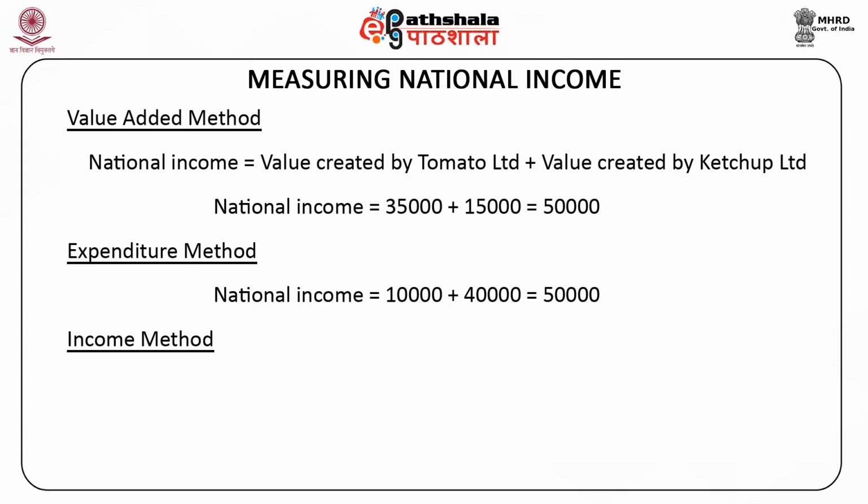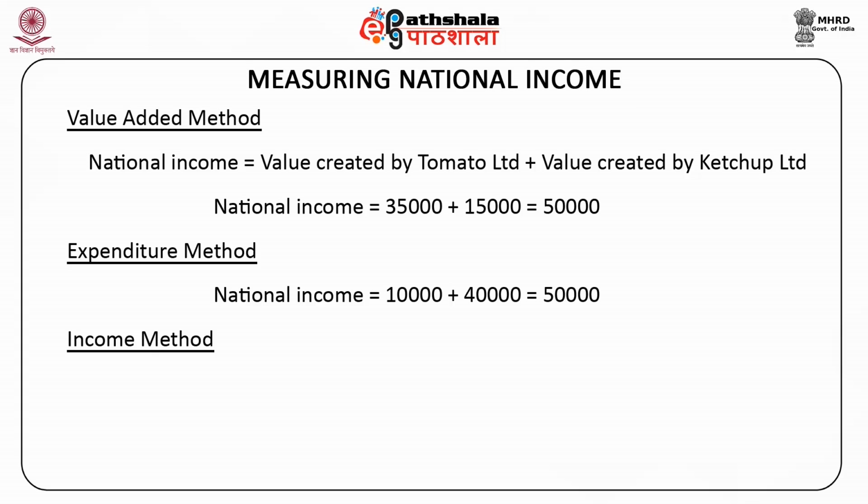Income approach. This approach sums the income received by all factors of production. In this example, the profits of Tomato Limited are its revenue generated minus wages, that is 20,000, and the profits of Ketchup Limited are the revenue minus intermediate inputs and wages, that is 5,000.